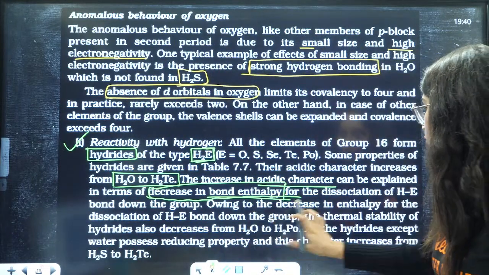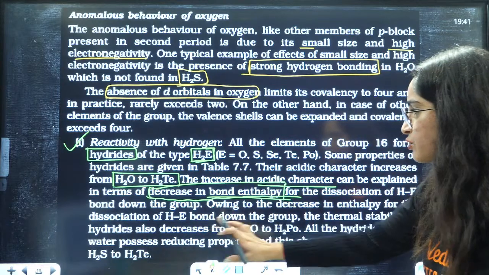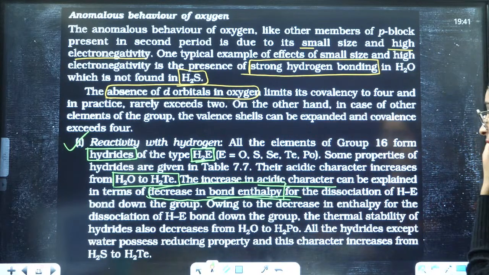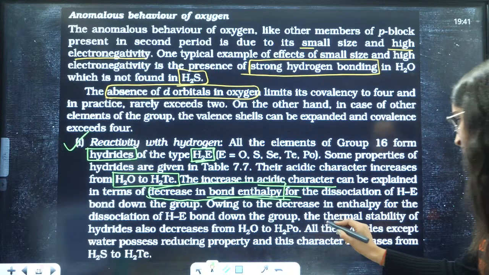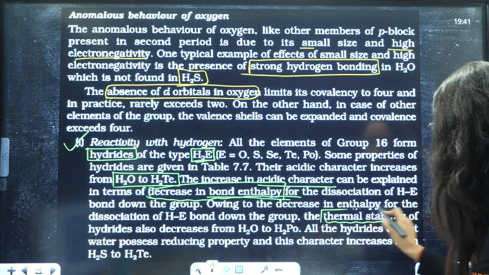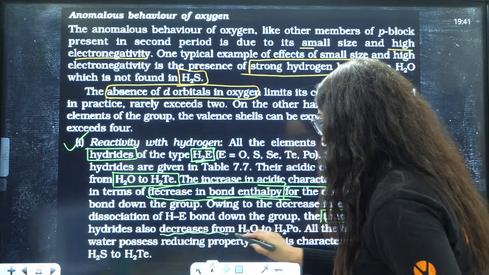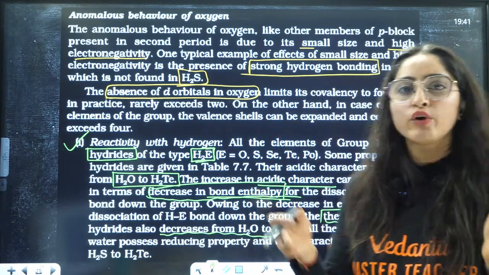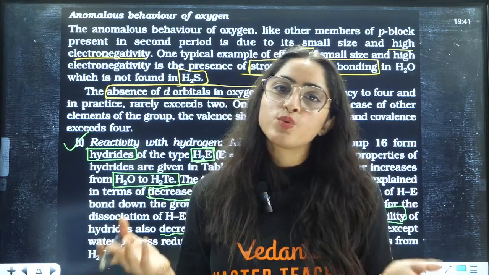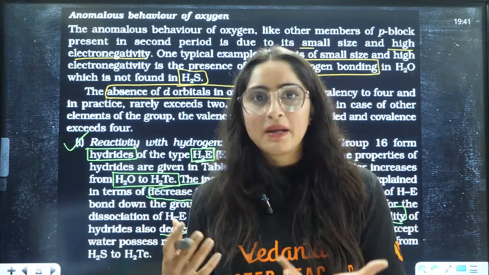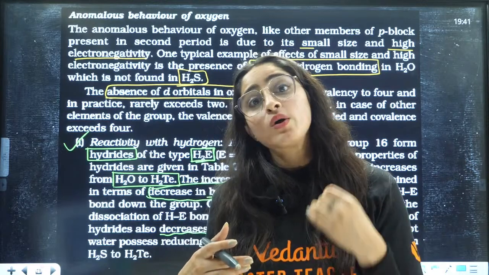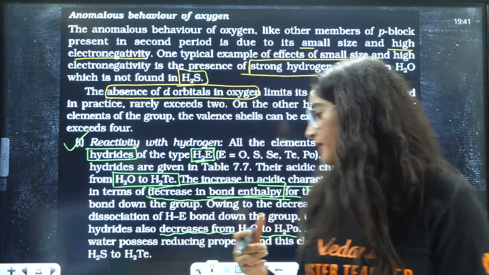So owing to the decrease in enthalpy for the dissociation of H-E down the group, the thermal stability of hydrides also decreases. Why? Because definitely if your bond is stronger, that means you have more stability. The bond is more stable. So more will be its thermal stability, right?